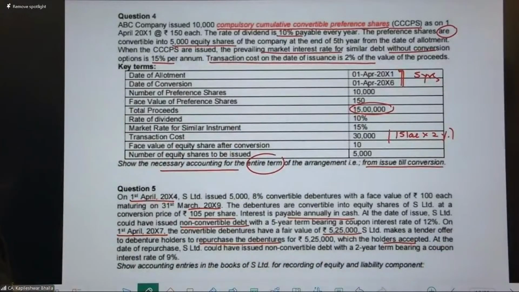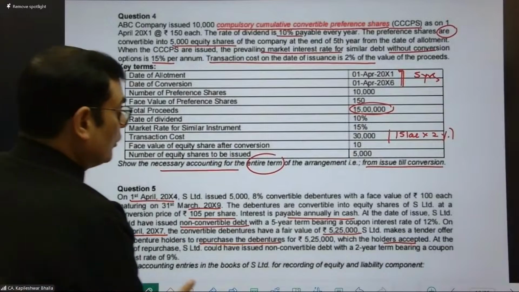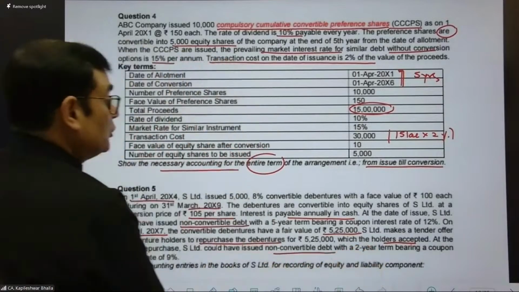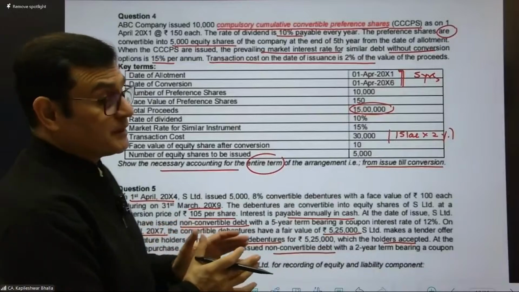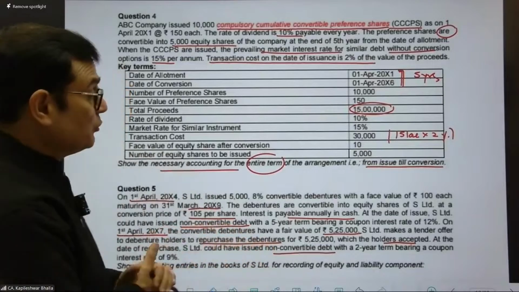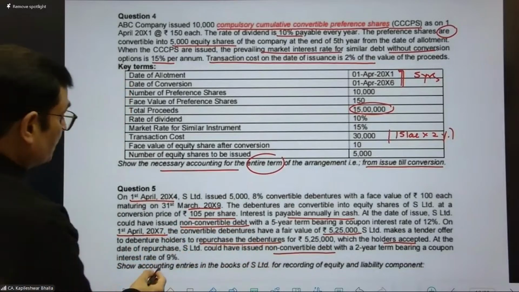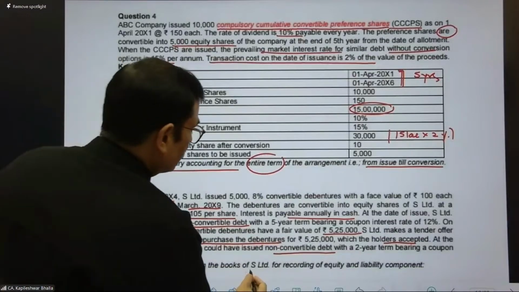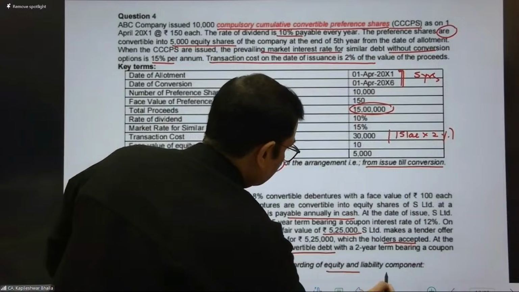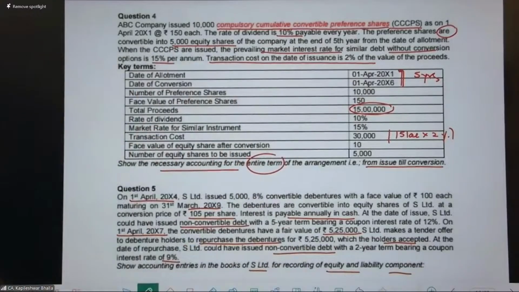At the date of repurchase, S could have issued a non-convertible debt of 2 years, because now only 2 years are pending. Out of 5 years, 3 years have already passed by, so another 2 years are pending, and which is at the rate of 9%. Show the accounting entries in the books of S for recording the equity and the liability component.